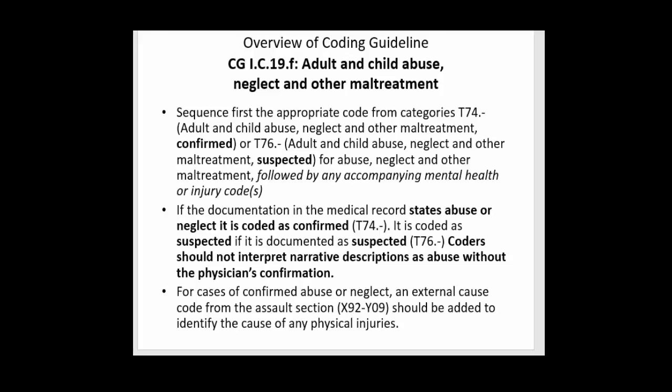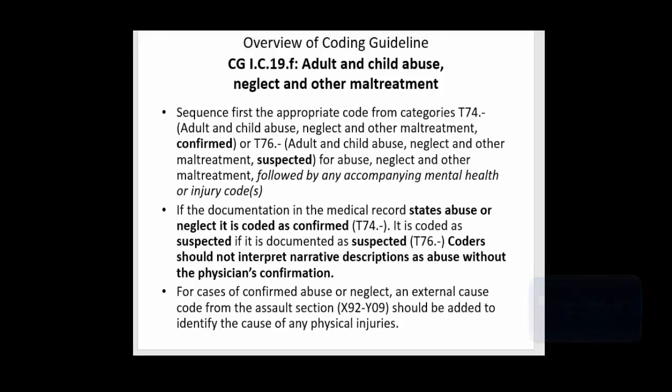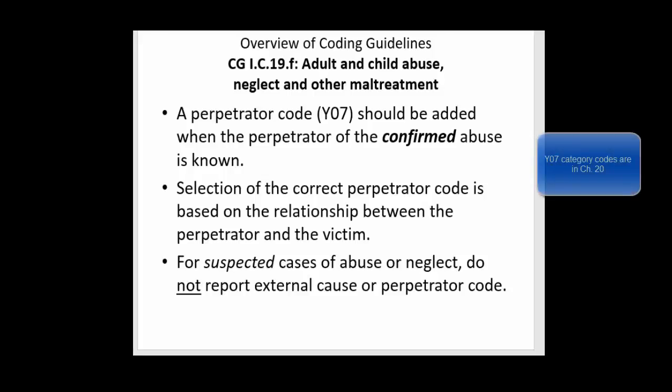For cases of confirmed abuse or neglect, we do use an external cause code from the assault section of Chapter 20. That's X92 through Y09. And that's going to identify the cause of the physical injuries. If the abuse is confirmed, we're going to use a perpetrator code from Y07, and those perpetrator codes are based on the relationship between the perpetrator and the victim.